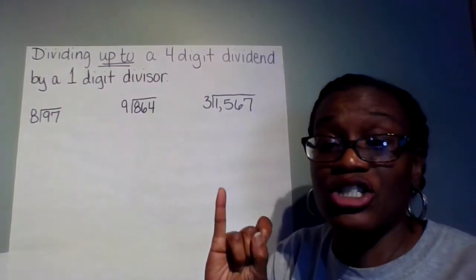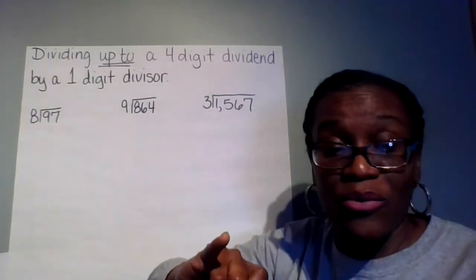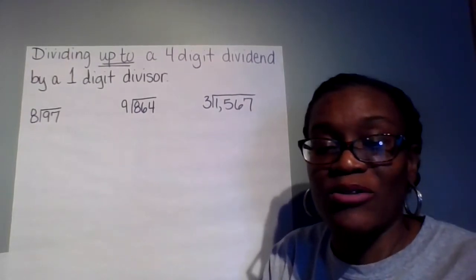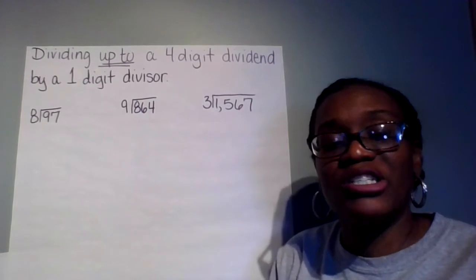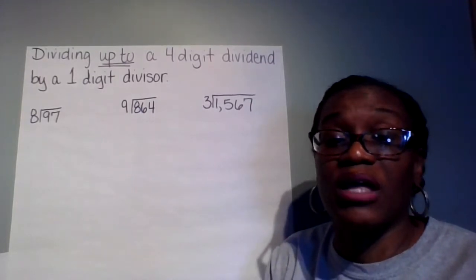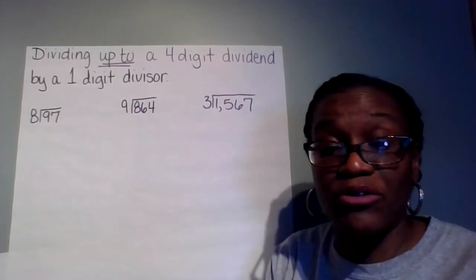The first strategy is the standard algorithm, which is the way that most people learned how to divide, but we're teaching our scholars now to divide also using the area model and the place value model.